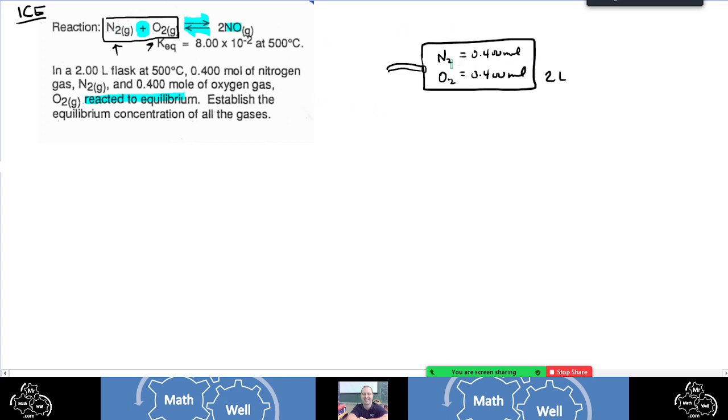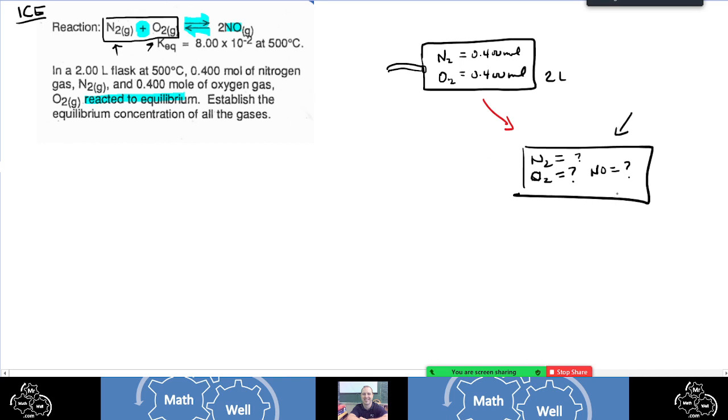So we initially just have this, and then as this moves towards equilibrium, now we have a little bit of everything. So we have some N2, which we don't know how much we have. We have some O2, which we don't know exactly how much we have. And we have some NO, which again, we don't know exactly how much we have. So this is what we're trying to find in this question. What are the equilibrium concentrations of all of the gases?